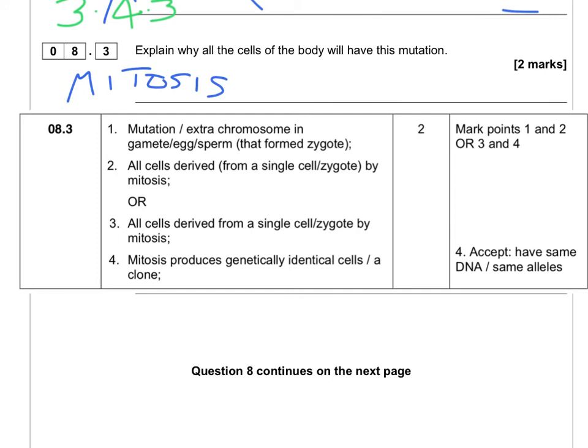So you can say the chromosome is in the gamete, for example, that forms a zygote, or all cells are derived by mitosis, which is not mentioned in the stem of the question. Or you could say all cells derived from a single cell by mitosis, and also something you'll be aware of, that mitosis produces genetically identical cells.